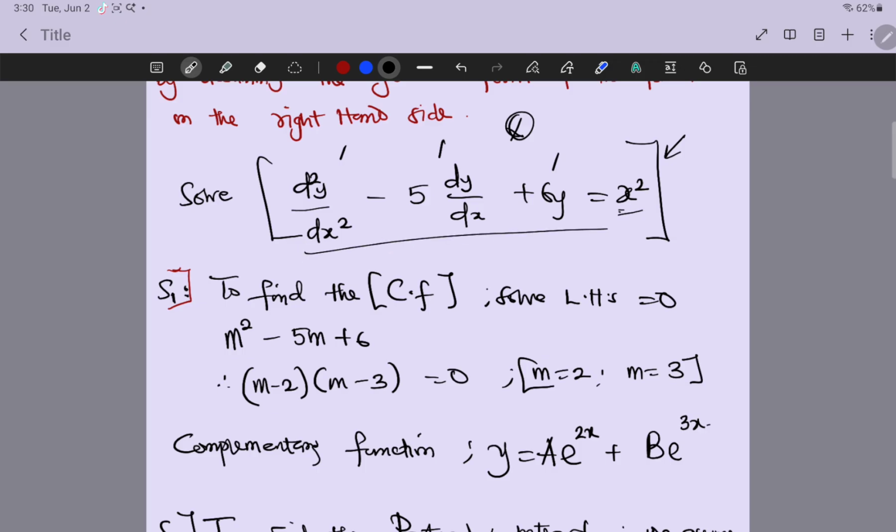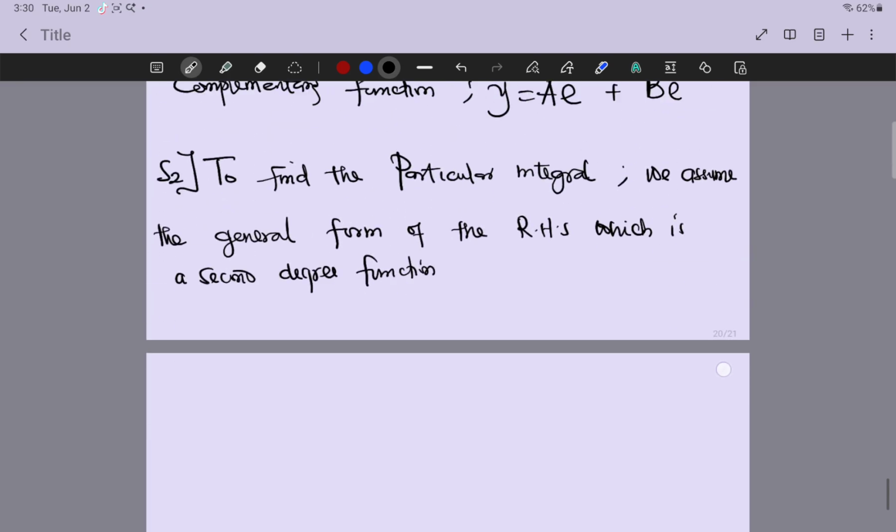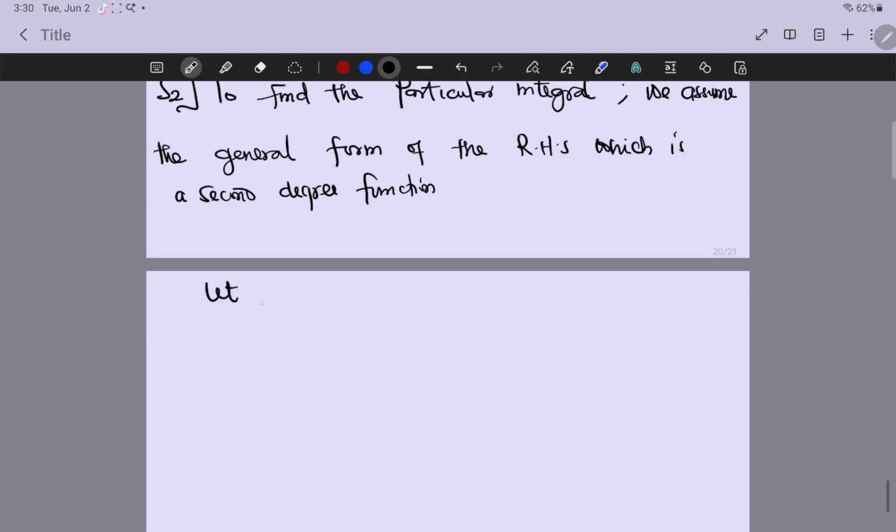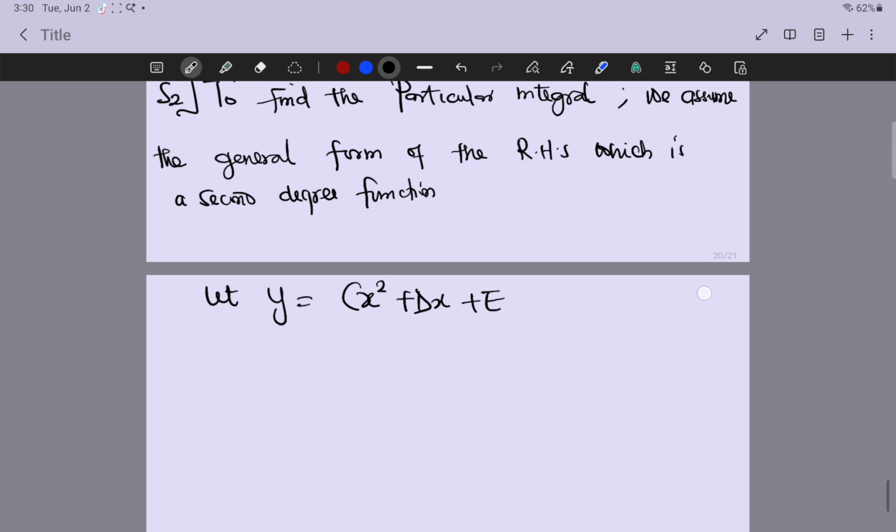To find it, you first say let y equal cx squared plus dx plus e.